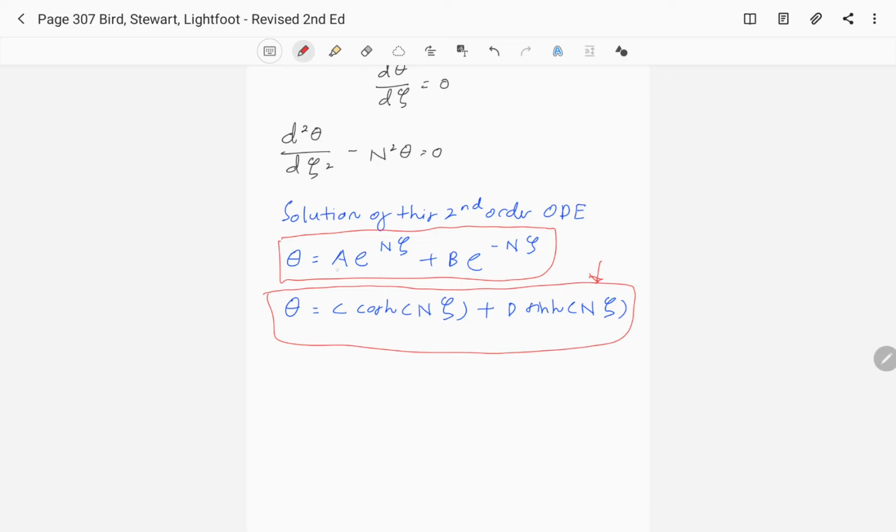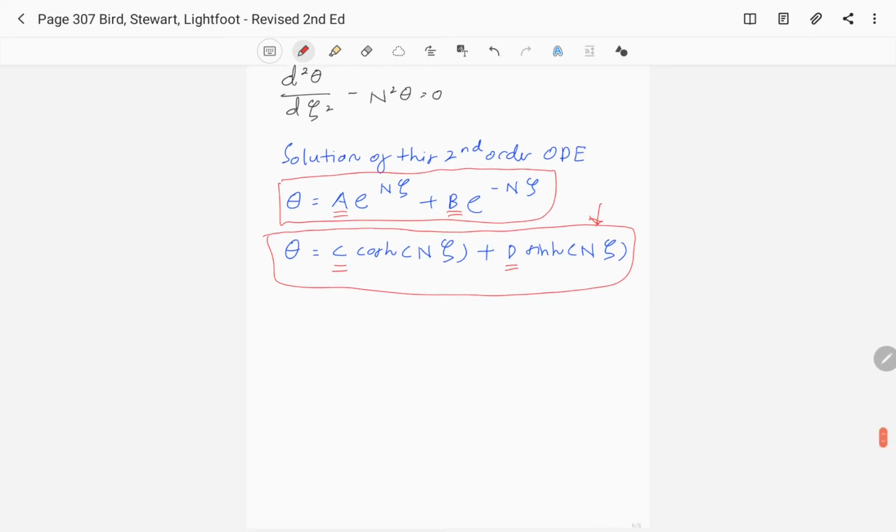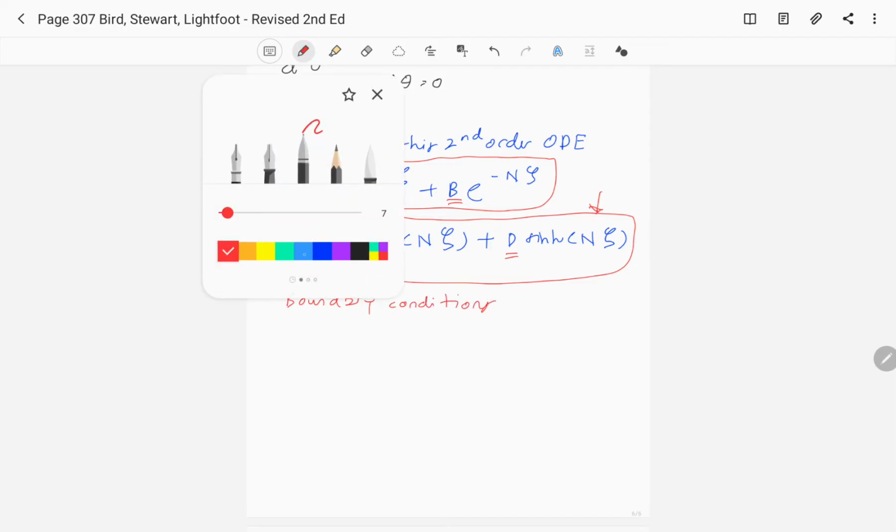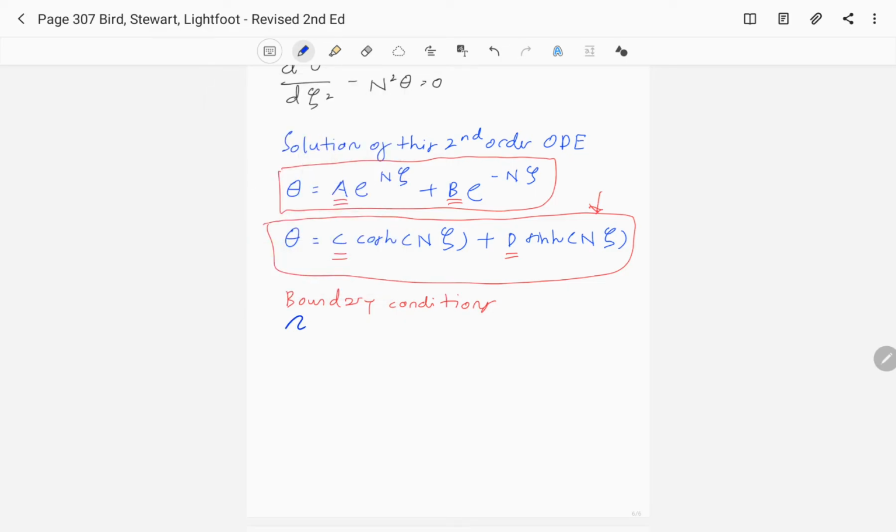In both cases you have the same two constants that you need to obtain from the boundary conditions. Okay, so let's stick with the second one, and let's try to solve it for c and d using the boundary conditions given. So BC1, this will be equal to 1.